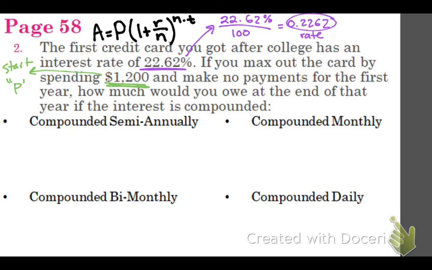That's our P. But we made no payments for the first year. So what is our time? What's our T? A year. It's 365 days, but it's just 1 year. So our time is going to be 1.